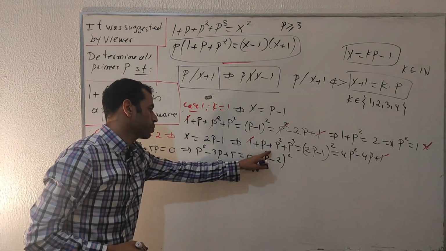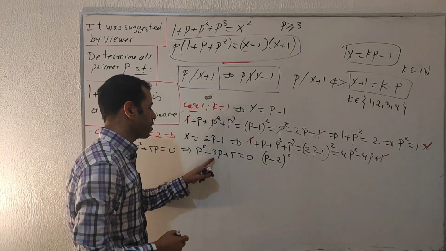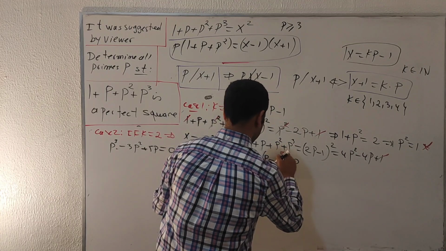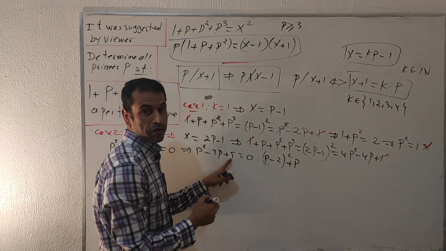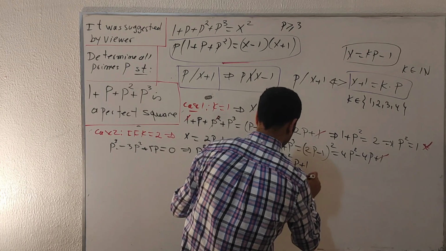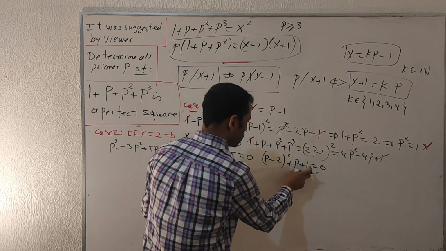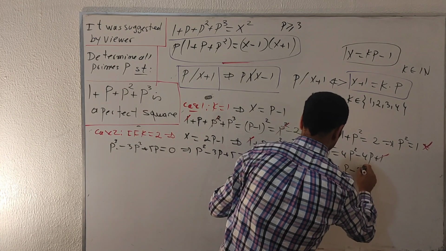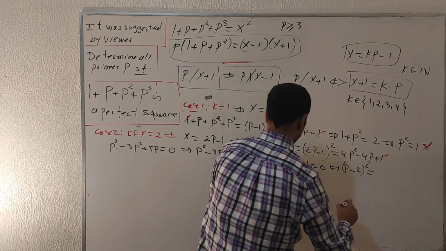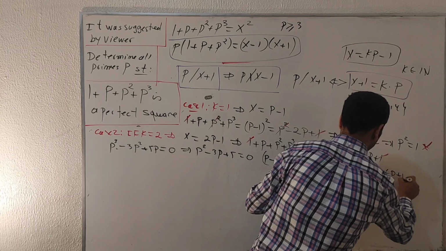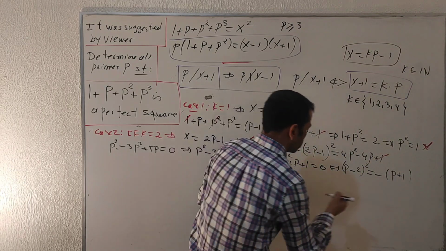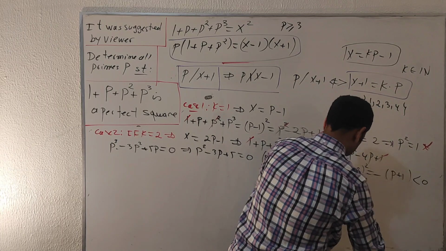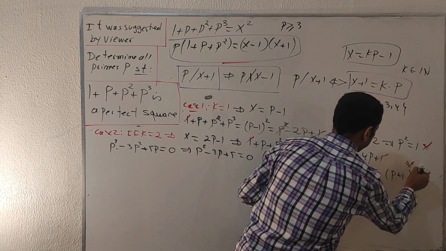Distributing this one out, I get p squared minus 4p, but I have minus 3p here, so I get plus p here. Plus number 4, I already have number 5 here, which means I adjust number 1 here, equals 0. Taking these 2 facts to the right, I get (p minus 2) squared equals minus p plus number 1. We know this is a positive number, but this one is negative, which is clearly a contradiction.